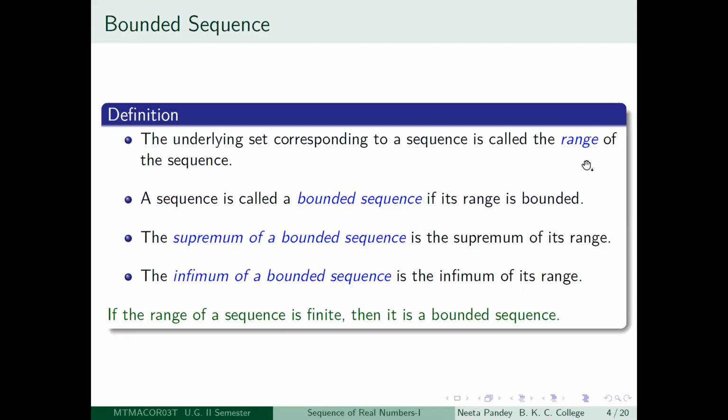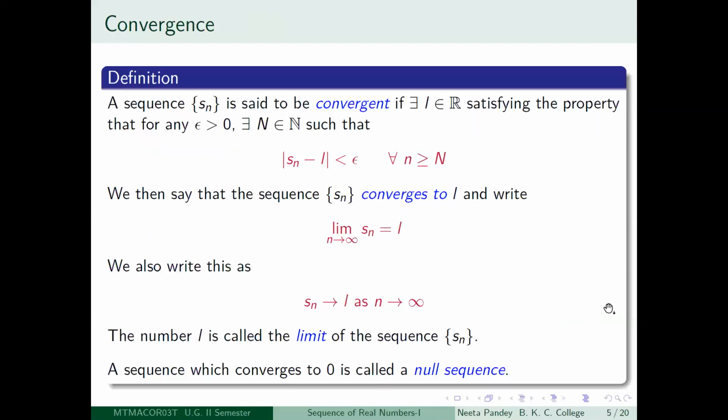If it is bounded, then you look at the supremum and infimum of the range, and you call them the supremum and the infimum of the given bounded sequence respectively. Okay, so first you notice that if the range of the sequence is finite, then it is going to be a finite set, so it is always going to be a bounded set, so the sequence is always going to be bounded.